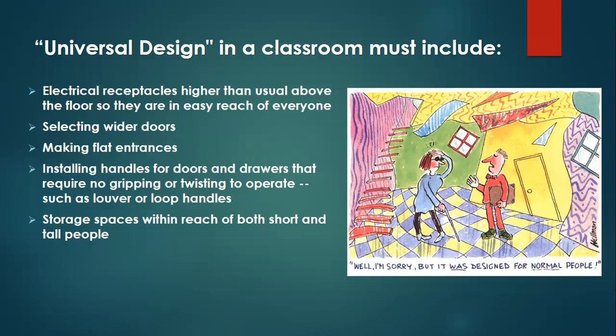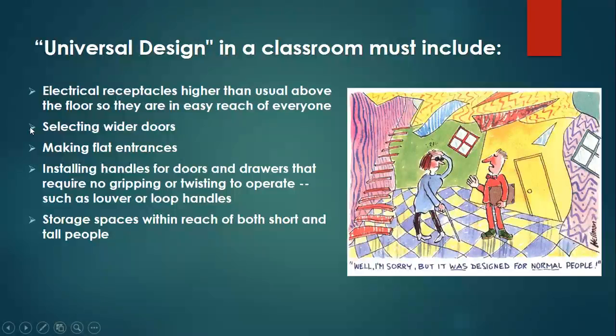In the classroom, students are from a wide variety of backgrounds, experiences, and abilities, including students who English is not the first language. Universal design in a classroom must include electrical receptacles higher than usual above the floor so they are easy to reach for everyone.